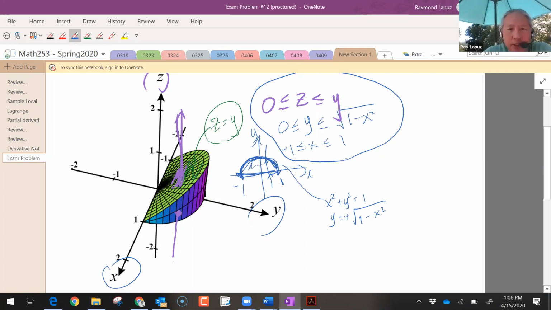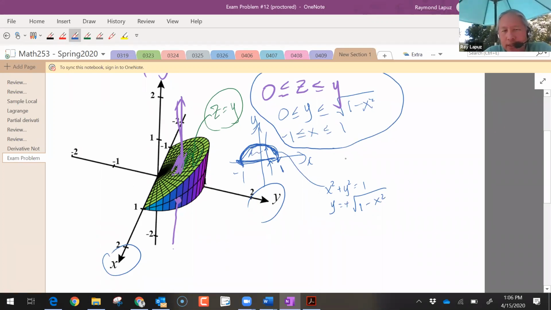Now, it looks like you're talking about cylindrical coordinates. For this particular problem, you can actually do cylindrical coordinates as well. So let's make a note here, cylindrical.